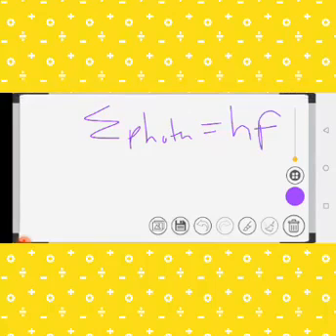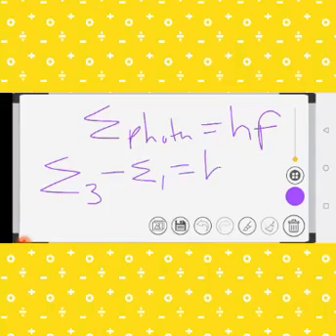And we can also calculate it by looking at the difference in the energy levels of the transition. In the example I just gave, there was a transition from 3 to 1. So the energy difference between level 3 and level 1 is equal to HF. This is how we calculate the energy of a photon when we are looking at this concept, energy quantization.